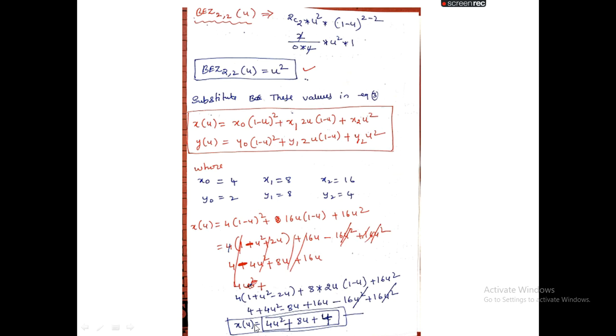After evaluating this entire expression, the final result I am explaining: I got x of u equal to 4u square plus 8u plus 4. This is the equation we are using to calculate the pixel position along that curve from the first control point to the last control point with respect to the x-axis.